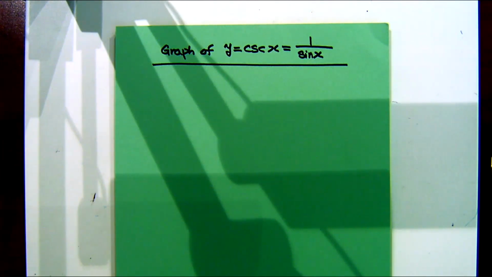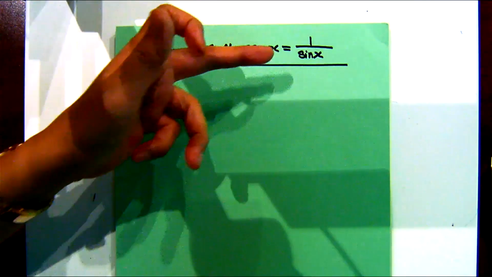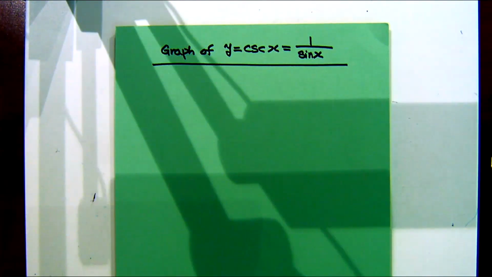So let's go to the cosecant. Cosecant x is 1/sine. Our reasoning will be exactly the same. So whenever the sine value equals 0, we have 1/0, which is undefined. So whenever that is undefined, this fraction function will have a vertical asymptote because of the same reasoning.